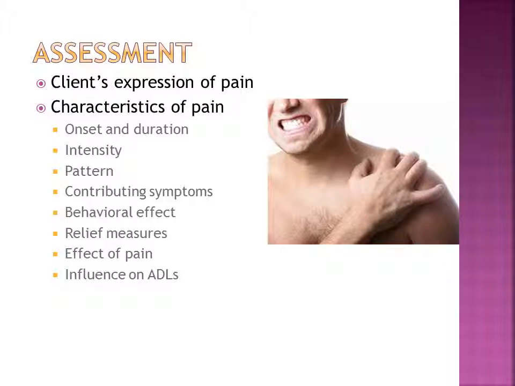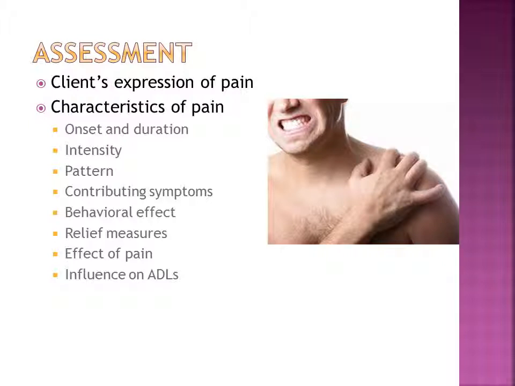When you are assessing pain, remember the PQRSTU method. P being palliative or provocative factors. What is going to make it worse and what makes it better? Quality. What is the quality of pain? Can you describe it? Is it sharp? Is it achy? Is it burning? Is it stinging?